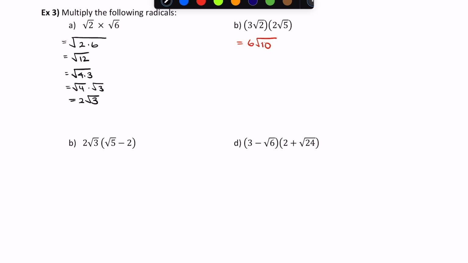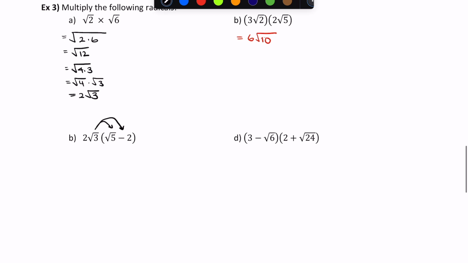Here we are using the concept of distributive property. So we're multiplying 2 square root 3 by square root 5, and then also by the negative 2. So here we have 2 square root 15 minus 4 square root 3.